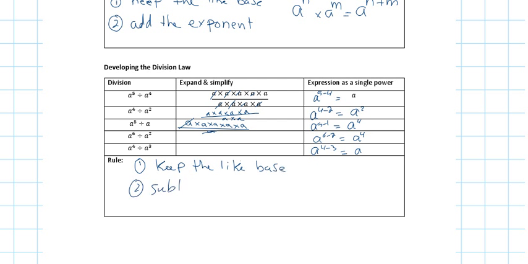Again, it is important that you realize that you must have the same base. If you don't have the same base, this is not going to work. You can't use it. Are we good with that? Excellent.